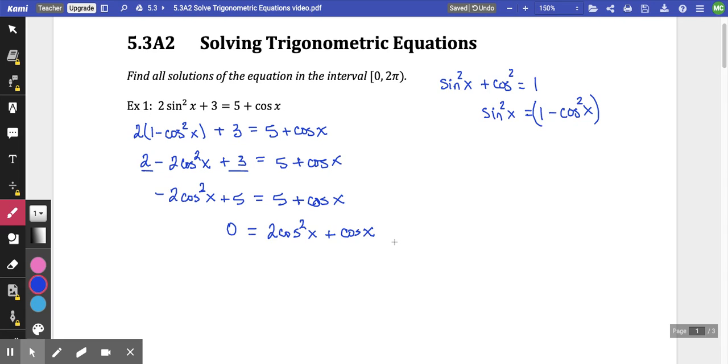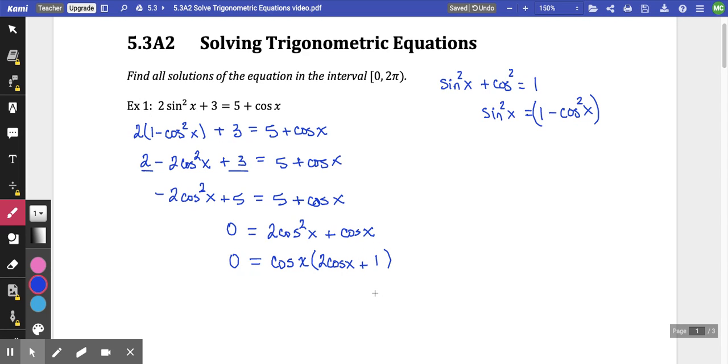So now in order to solve this expression, I need to factor. Now there are only 2 terms there, and both of them have a cosine of x in them. So that means they have a cosine of x in common factor, cosine of x. If I factor out a cosine of x, that would give me 2 cosine of x plus 1.